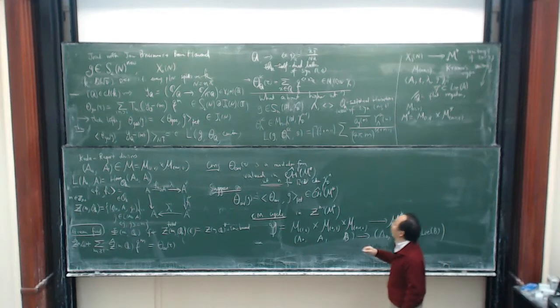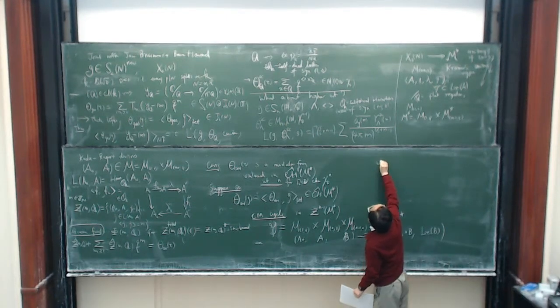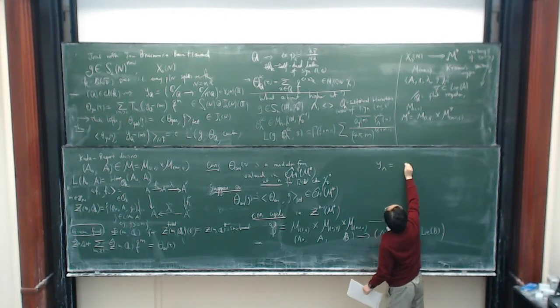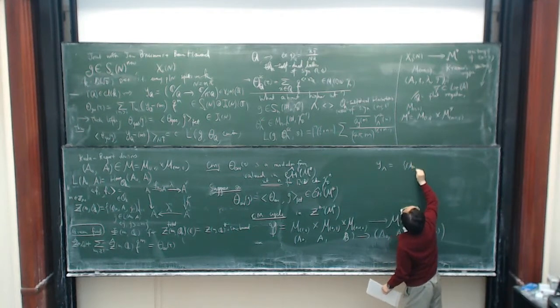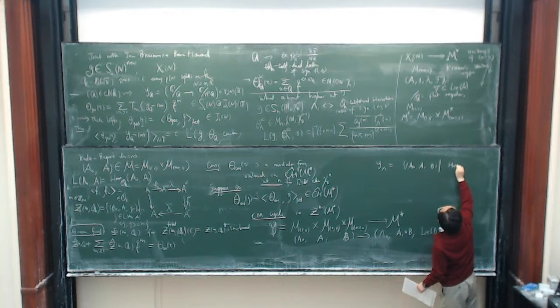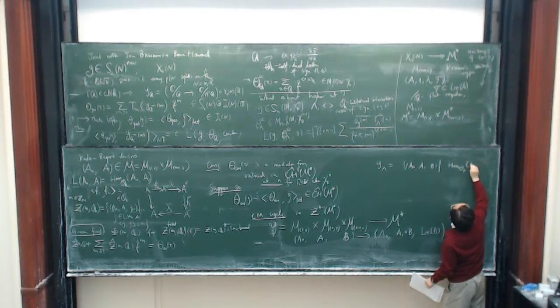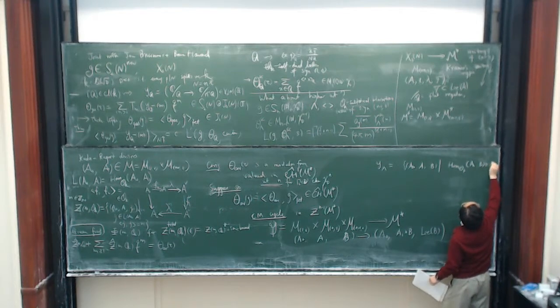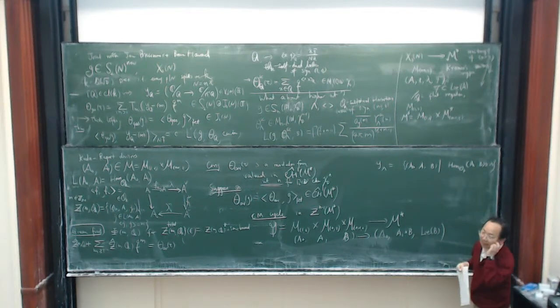And if I have a lambda, remember, you can produce Z lambda equal to all these a0, a1, b such that Hom a0, b equal to lambda. So pretty much we defined everything.